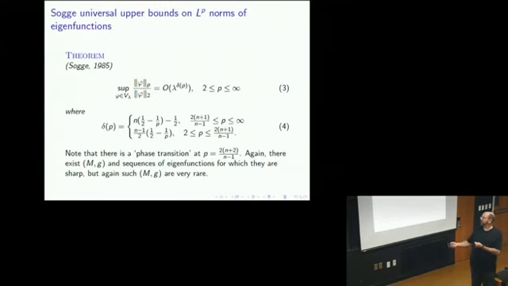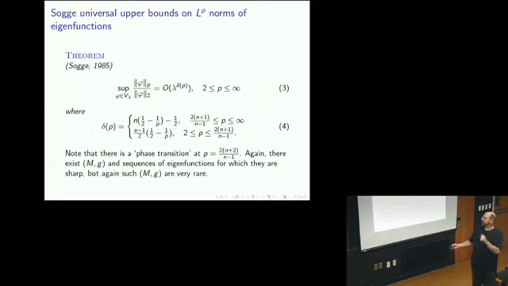Sogge has generalized these kinds of results to all LP norms. Maybe I will skip this for the moment, except to point out that there's one range of p's for which you get a certain type of upper bound, and then there's a kind of phase transition in LP norms at this critical index, twice the dimension plus 1 over dimension minus 1.